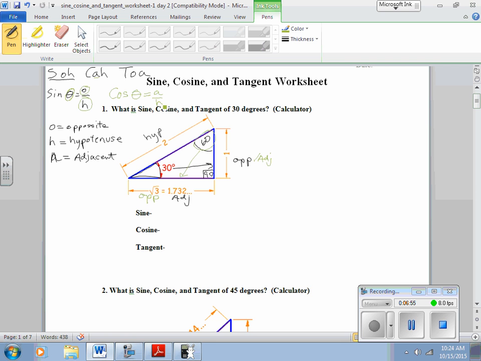All right, and then the other one is TOA, and that's tangent of an angle is equal to the opposite over the adjacent. Now I've already labeled what the O, the H, and the A represent, okay? All right.